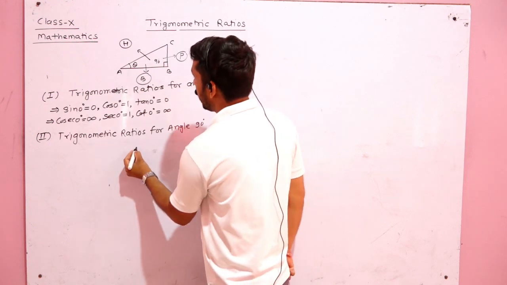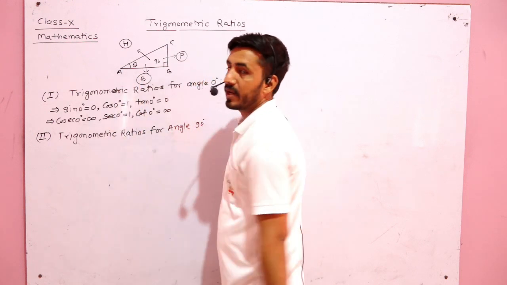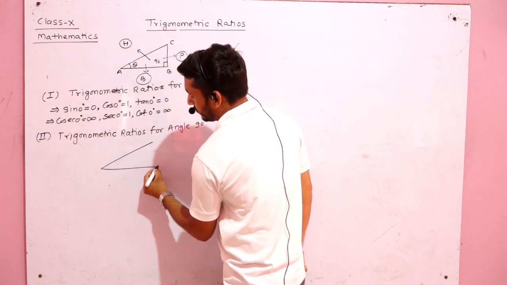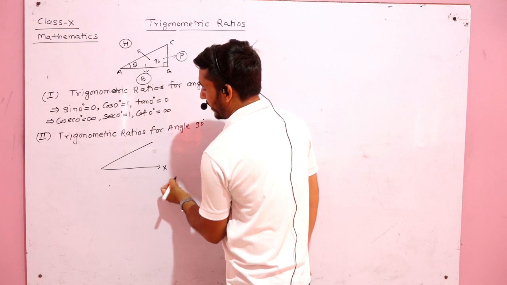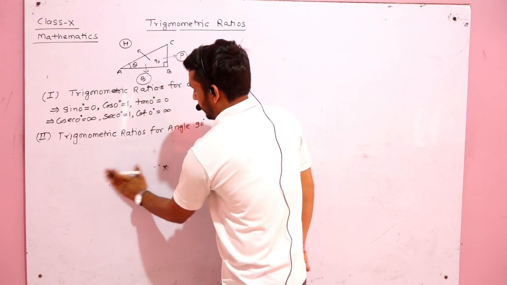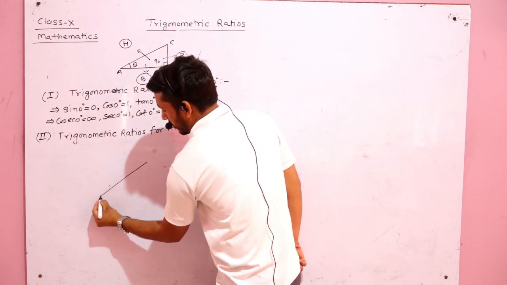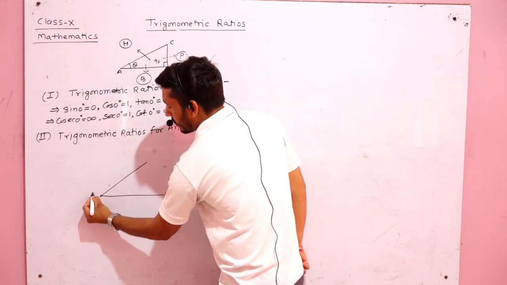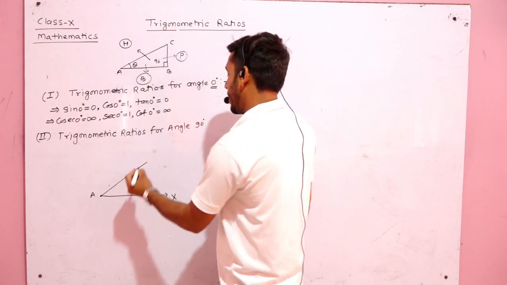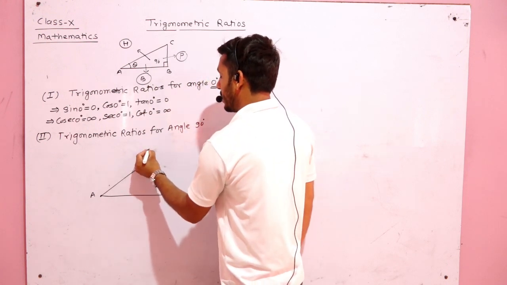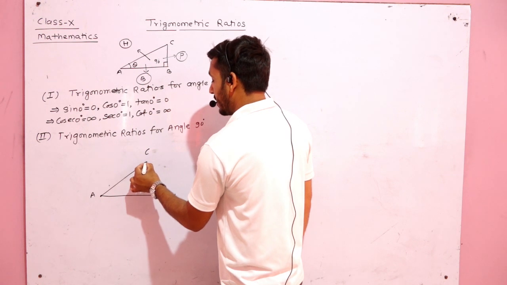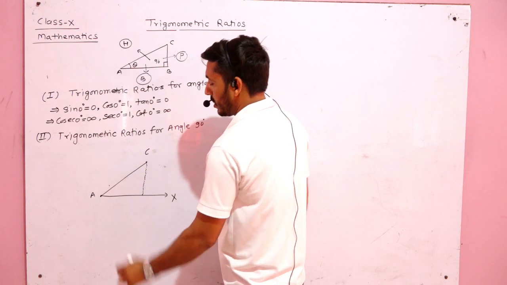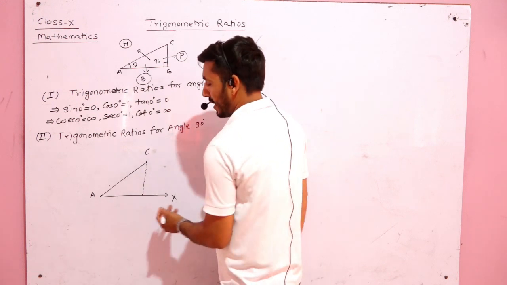Okay, first I have to prepare this triangle again. The triangle is given as, this is the point X. The intersecting point is given by A, and this point is C. I am making a perpendicular from the point C to line AX.